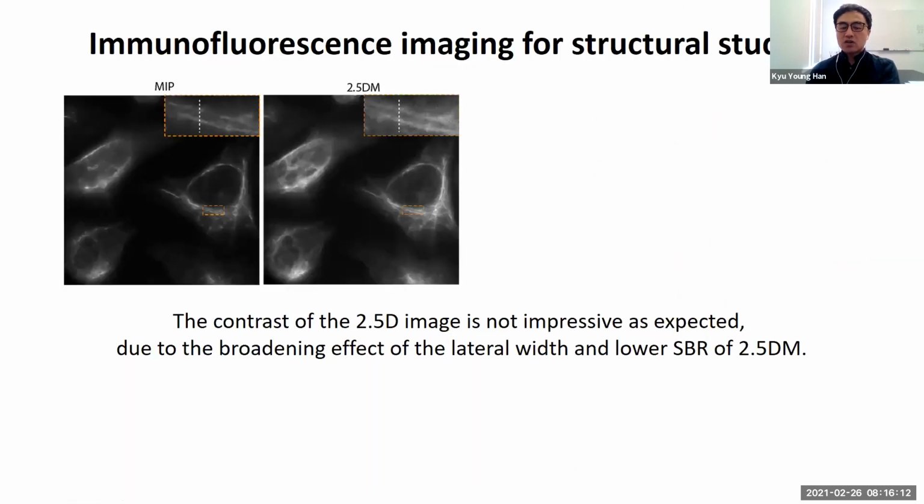But as you expected, our technique is not quite impressive for structural study because our lateral resolution is a little larger compared to maximum intensity projection, but still we can clearly observe microtubule structure with single-shot imaging.